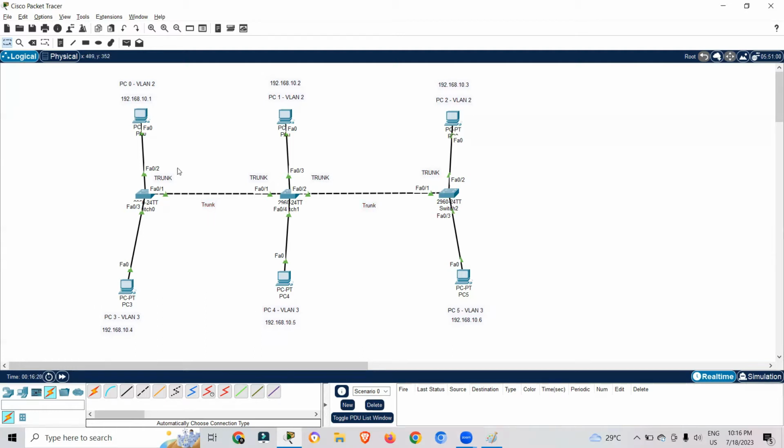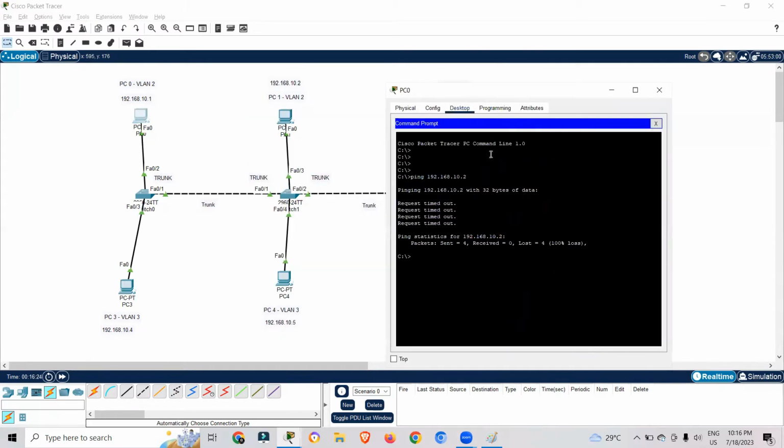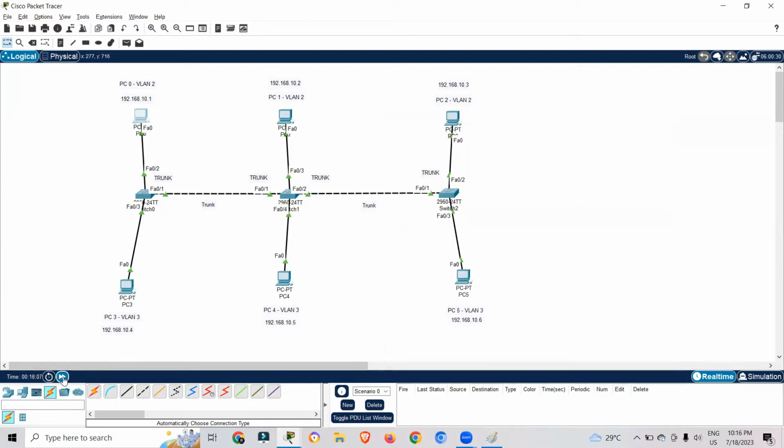Okay, let me try to ping these PCs. When I ping these PCs, that is request timeout. Let me see what's happening here.